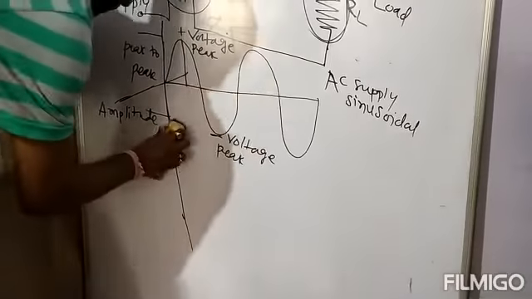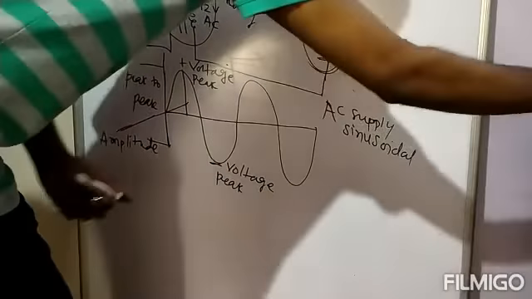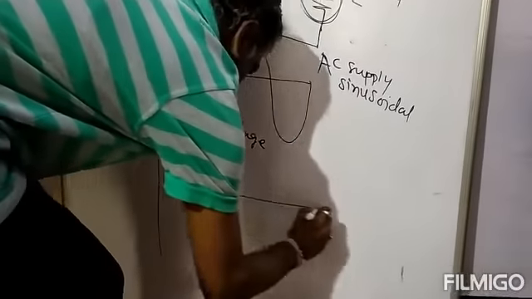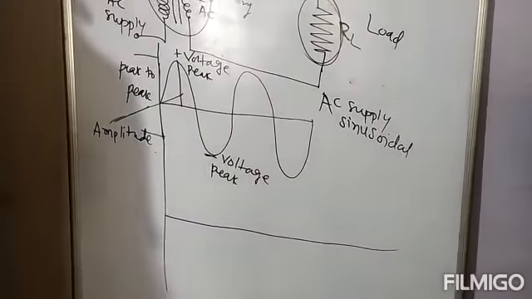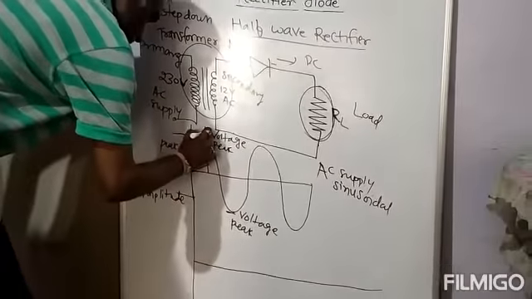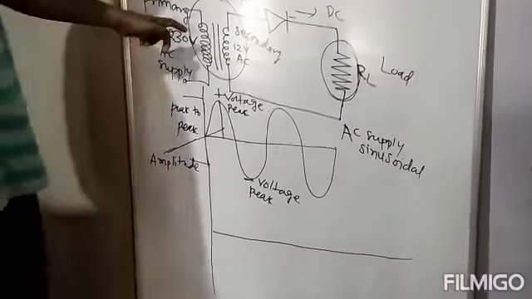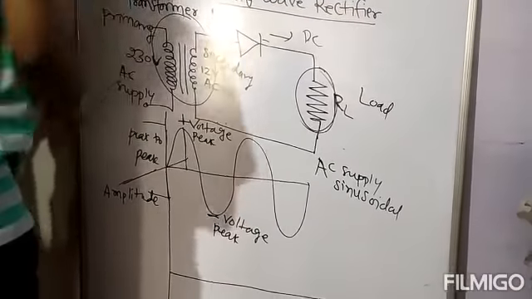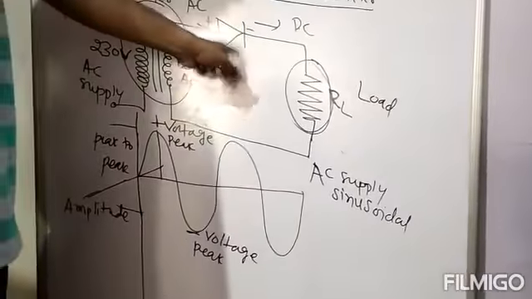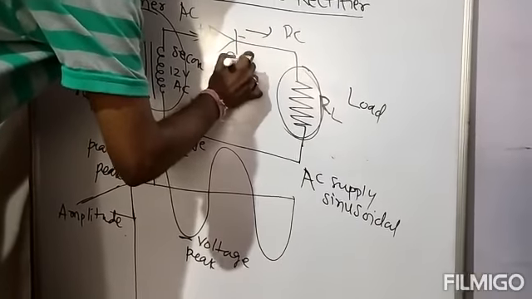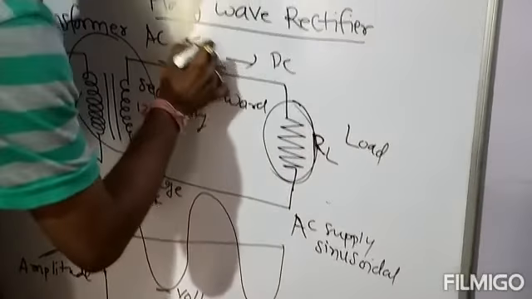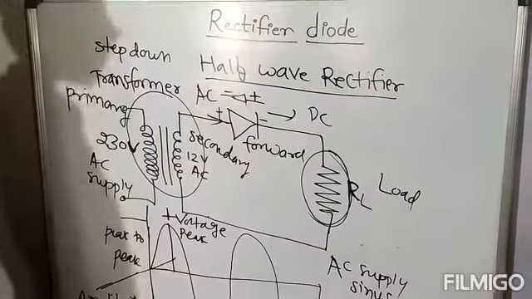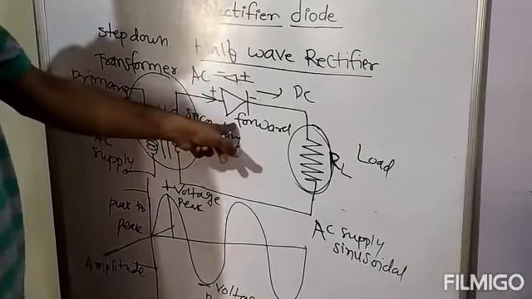Just extend this line so that I can have the next level. Whenever I provide an AC supply to the circuit, it goes through the diode. Now see here, the diode is in the forward direction. Suppose I connect the diode in this way, we can say that the diode is in reverse direction. But now I have connected the diode in a forward direction.